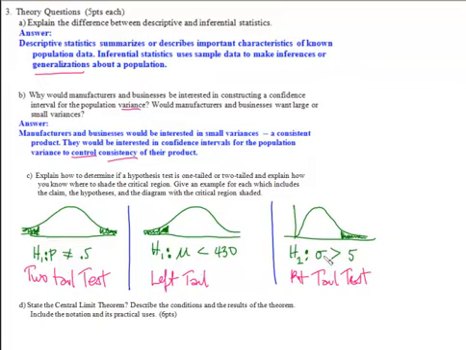Just want to point out that when you're actually doing the test here, we're looking at the alternative hypothesis to give us a direction of whether it's a two-tail or a right tail. It actually doesn't say anything about the claim. Your claim can be either the alternative hypothesis or the null hypothesis.